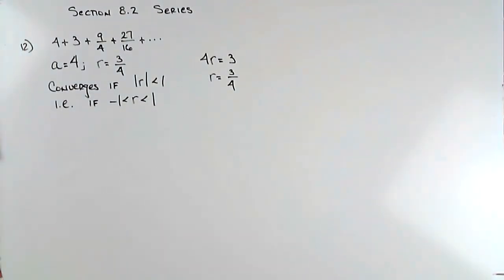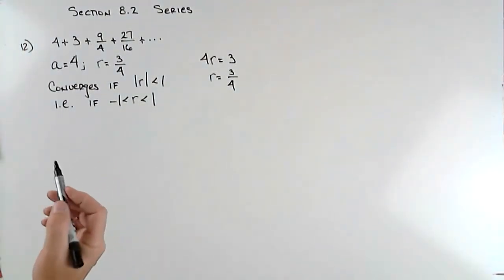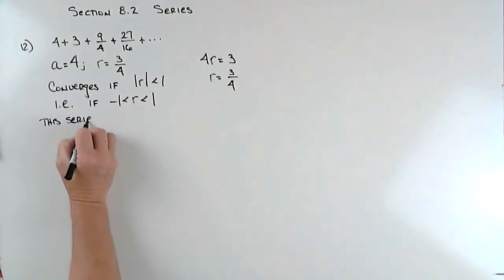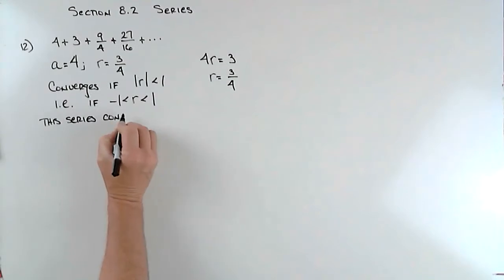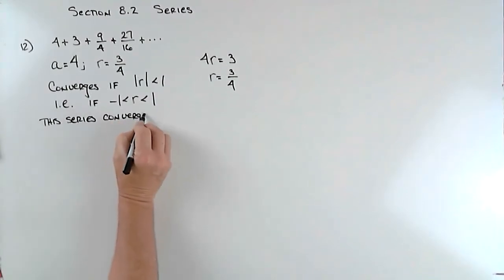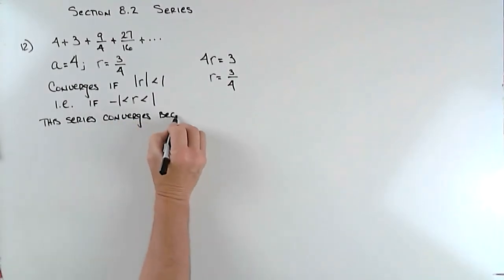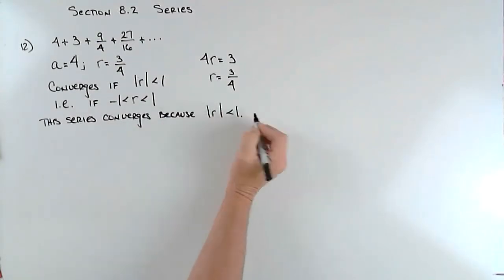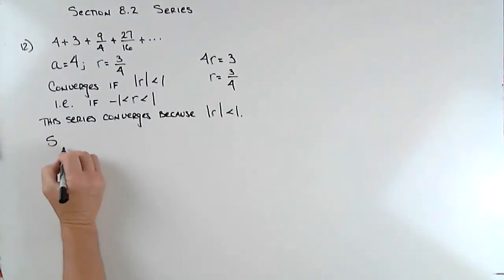If r is between -1 and 1, which ours is, this converges. So this series converges because the absolute value of r is less than 1. And then they wanted us to find the sum, right?